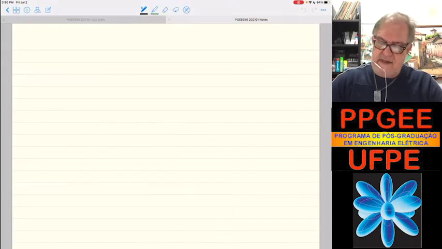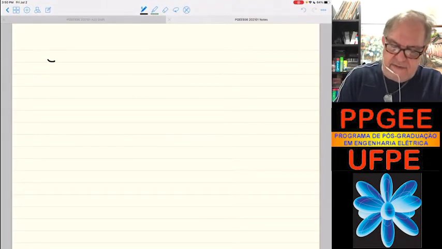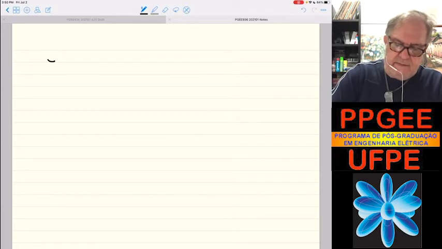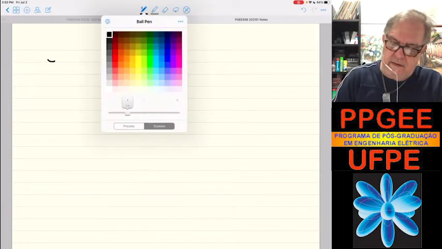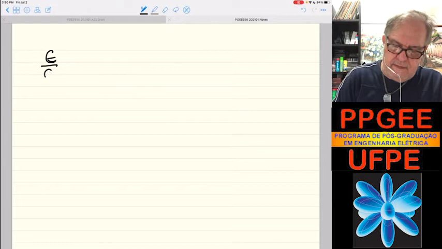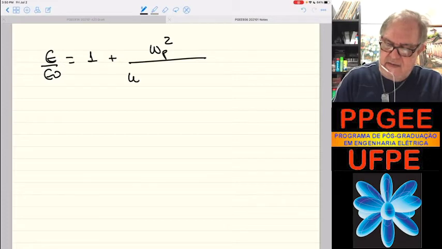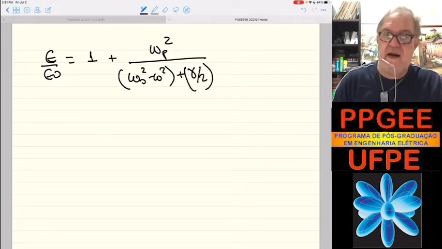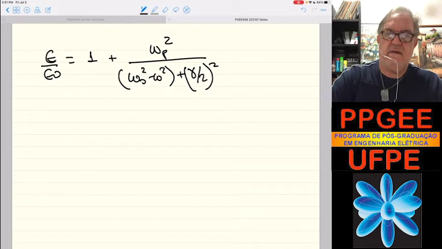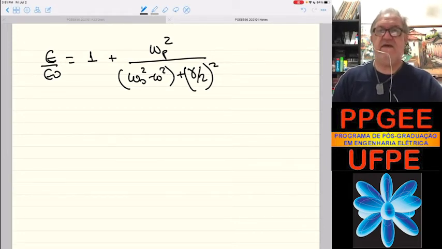The permittivity is this, epsilon equals 1 plus omega p square over omega 0 square minus omega square plus gamma over 2 square, right? Yeah, that's the function. It's a very simple function.